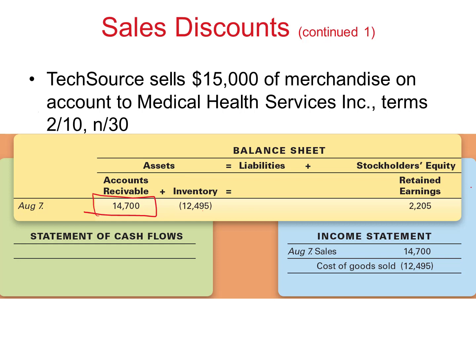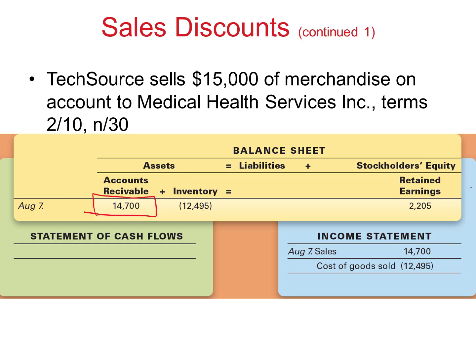And that's exactly what we see here. The sales is $14,700, which is an increase in accounts receivable of $14,700. That $14,700 is simply the $15,000 less a 2% discount.